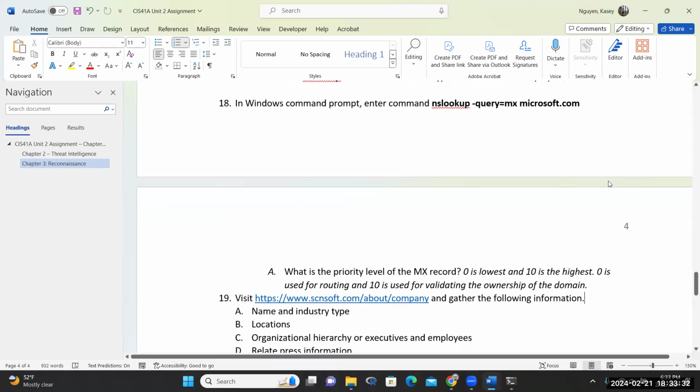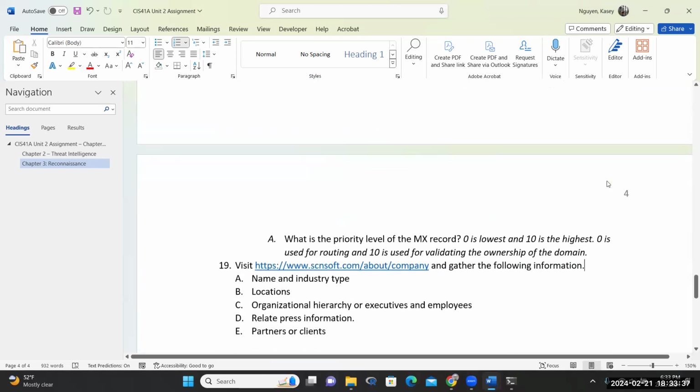Okay, next part, it's going to go over scnsoft.com. And this is going to gather, we can use this to gather some information.